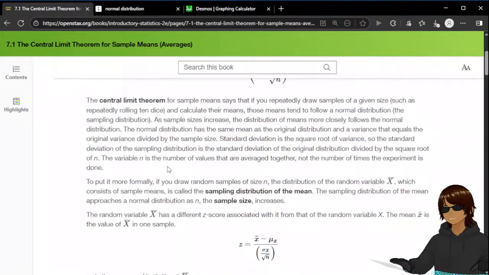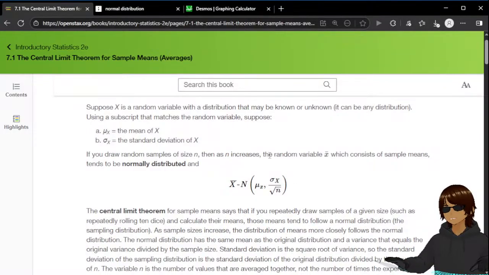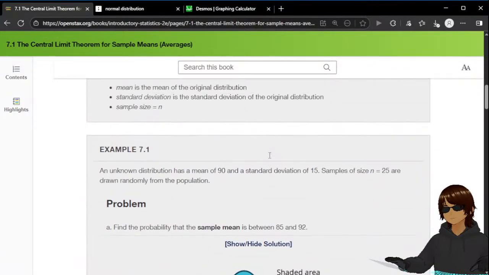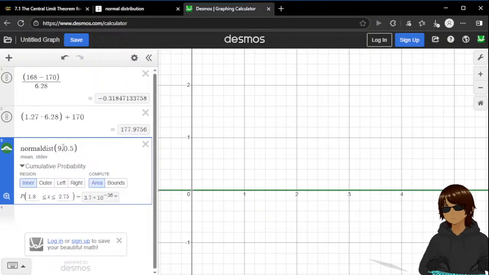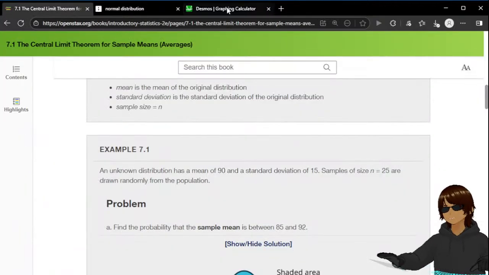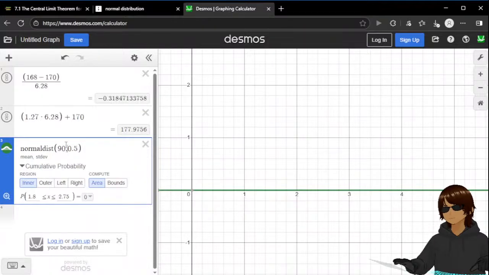So the sample mean is going to be following this distribution, right? The unknown distribution has mean 90 and standard deviation of 15.